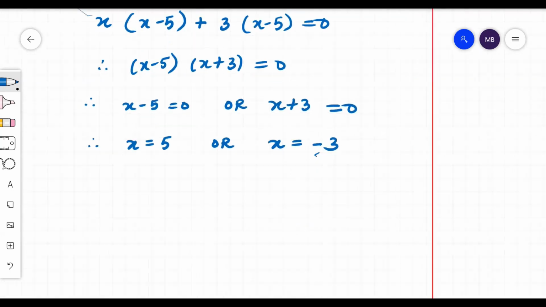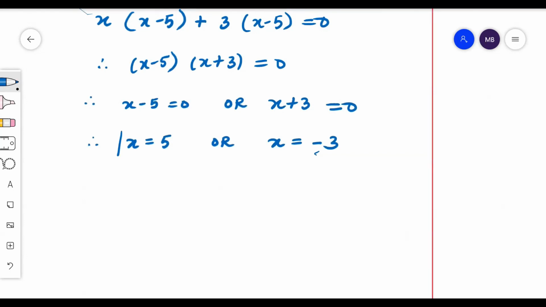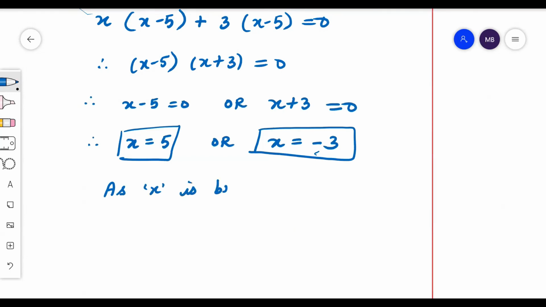What was our x? x was our breadth. So can breadth be a negative number? Breadth cannot be negative, so over here we need to choose any one of these. So how do we choose? As x is breadth, it cannot be negative.